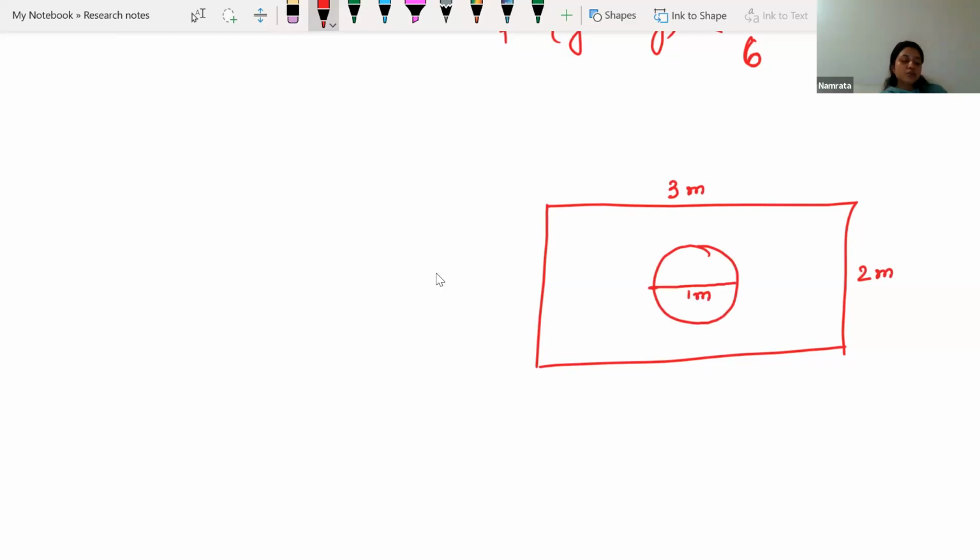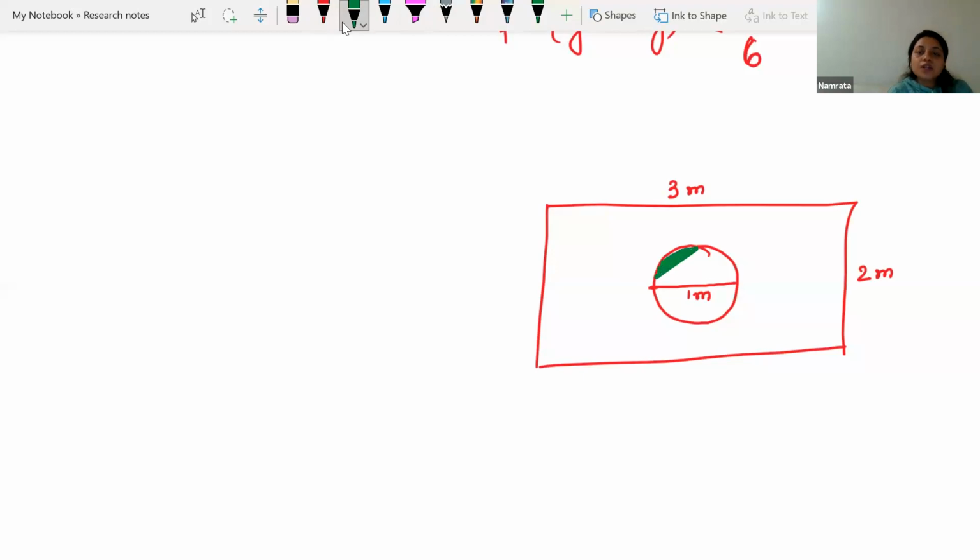So it's asking, suppose you drop a die at random inside this rectangular region. What is the probability that it will land inside the circle? If I want it to land inside the circular region, then the favorable outcome will be this circular area. I want my die to be anywhere on this circle.